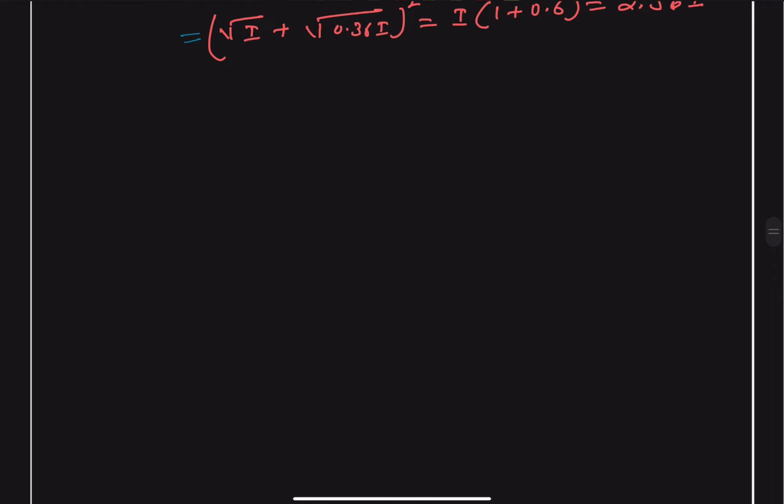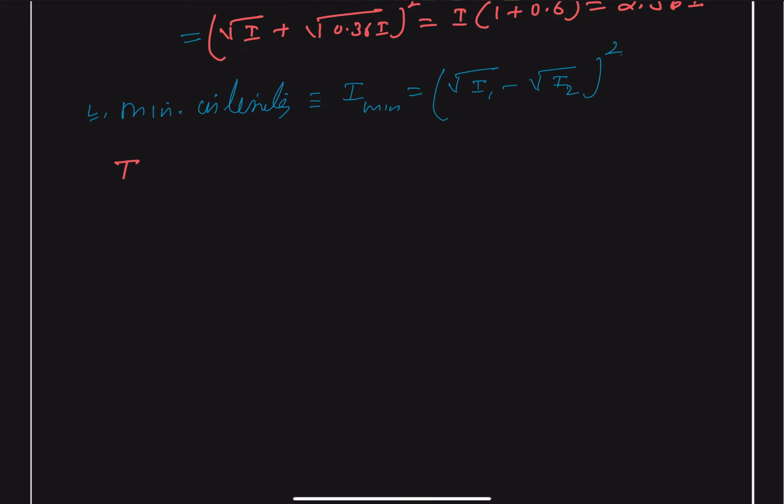Similarly, our minimum intensity is I minimum, and that will be equal to square root of I1 minus square root of I2 and its whole square.